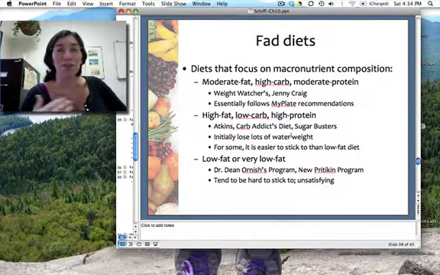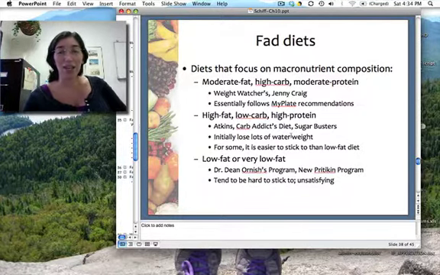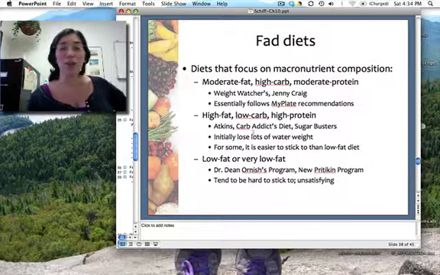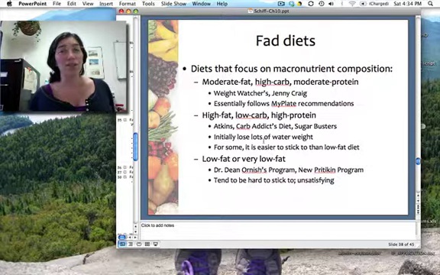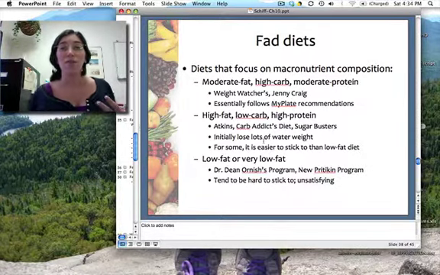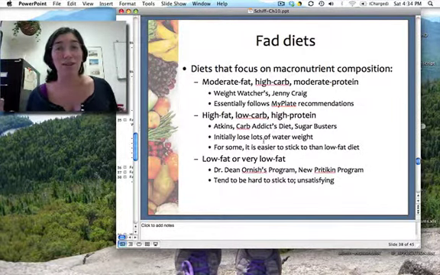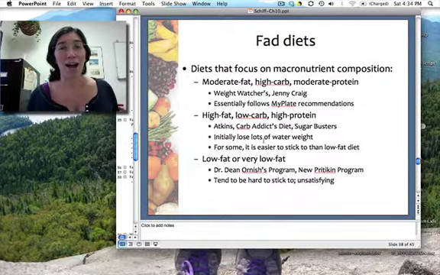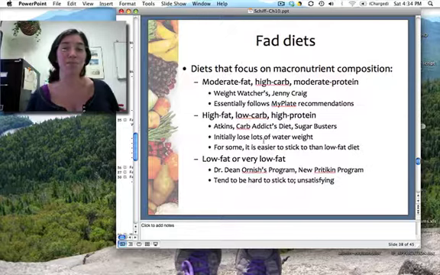These diets are often very successful, particularly in the beginning. You lose a lot of weight, a lot of water weight initially, because when you don't have carbs in your diet, your body starts breaking down the glycogen stores, your carbohydrate stores, to get glucose for your brain in particular, which really relies on glucose and can't use fats and amino acids for energy.